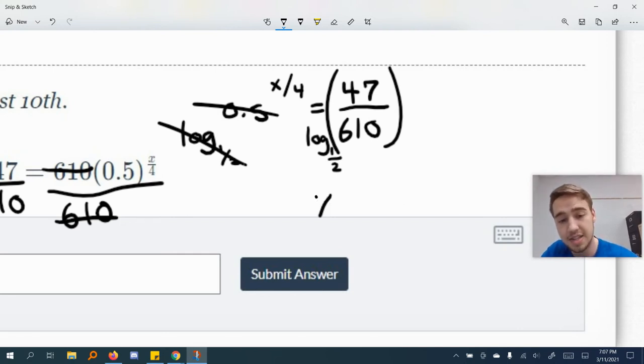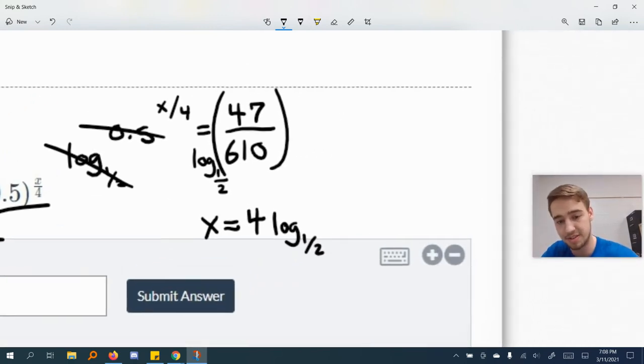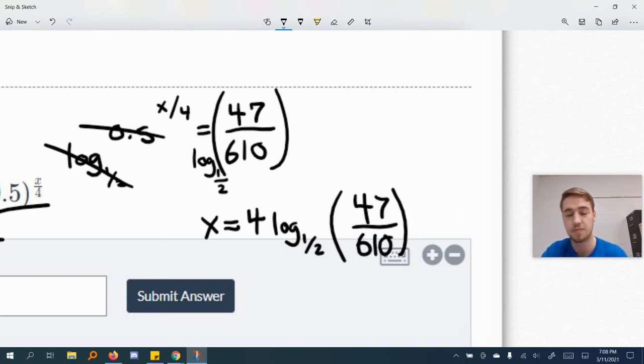So x, multiply both sides by 4, equals 4 log base 1/2, or base 0.5, same difference, of 47 over 610.